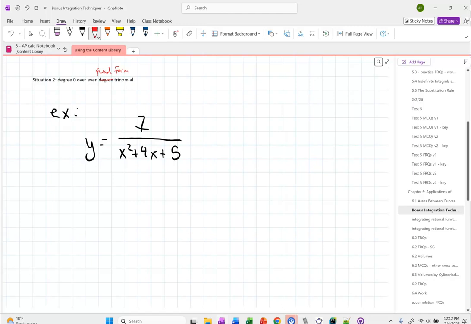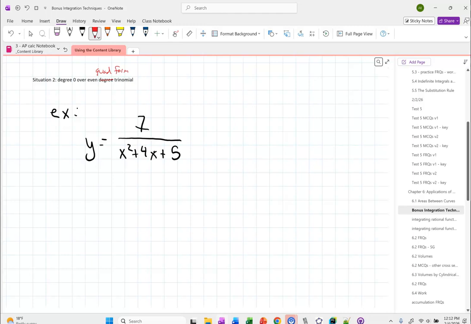Examples of other polynomials that could be in the quadratic form are x to the fourth plus something x squared plus a constant, or x to the sixth plus something x cubed plus a constant. You get the pattern, right? The degree is 2n, n, and then degree 0, over your three terms.